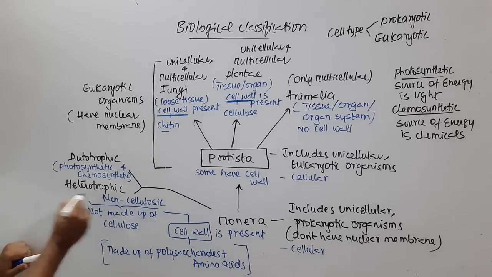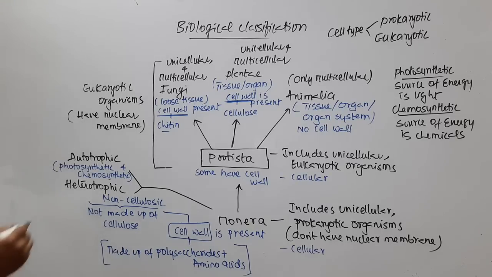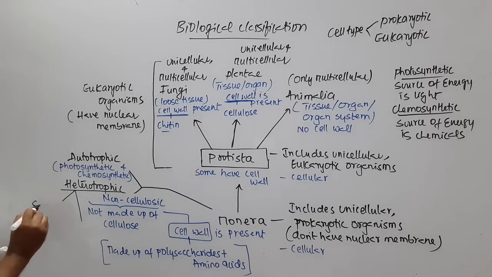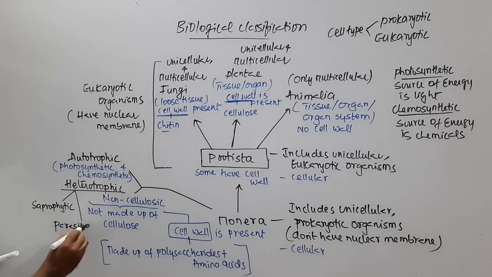And coming to heterotrophic mode of nutrition, this will include two types here. One is saprophytic, and another one is parasitic.